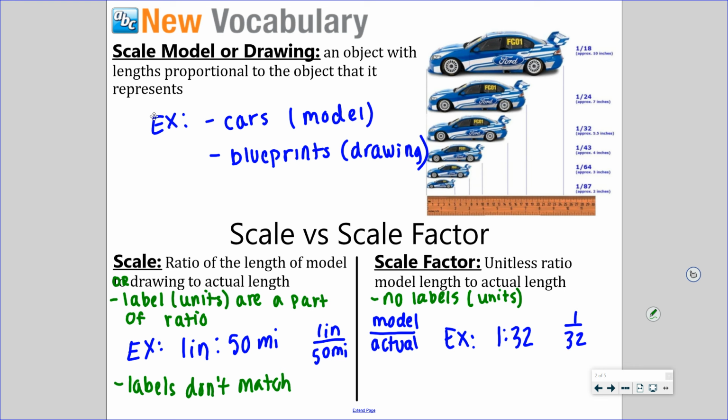If the units don't match, I'm going to have to convert in order to get a meaningful relationship between the actual distance and the scaled distance. So what I want you to write down is, if labels don't match, and we'll do a couple examples of each, you get to do a little dimensional analysis, which is probably what you've done in physics or in science. Do a conversion.